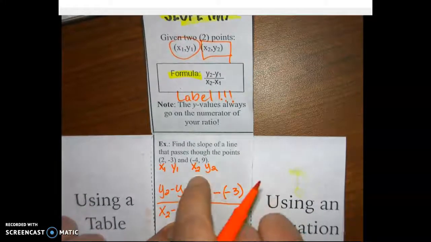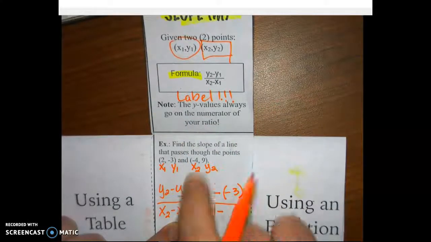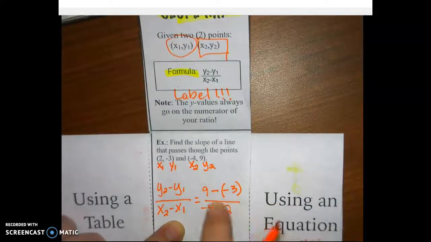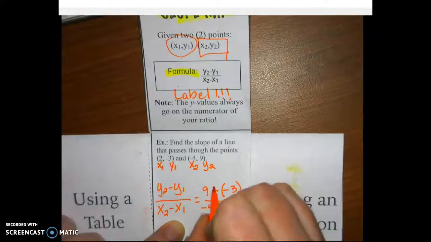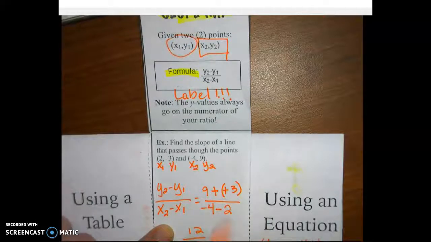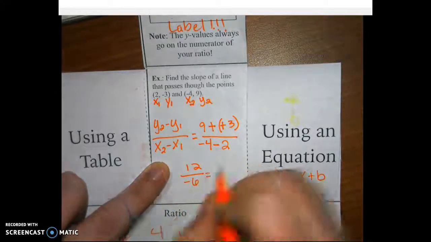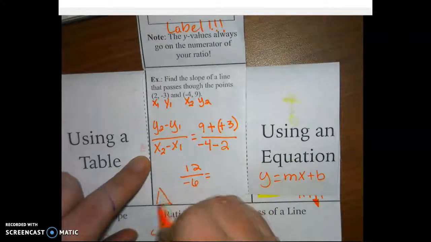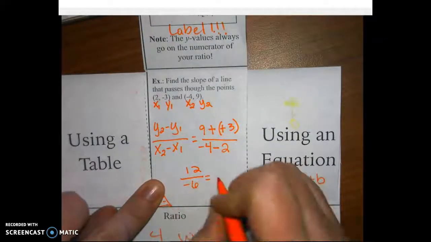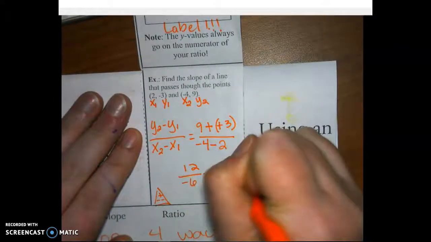Then x2, -4, minus, because that's part of my formula, x2 minus x1 is 2. Now, when I have two negatives together like this, they become positives. 9 plus 3 is 12. -4 minus 2 is -6. Positive 12 divided by -6 is going to give me a -2. So that is my slope.